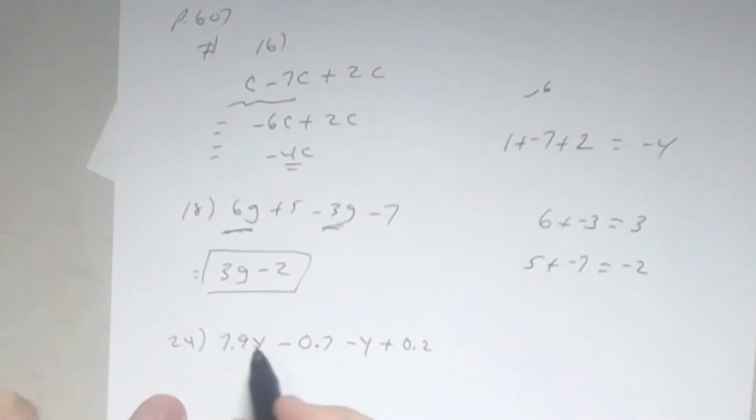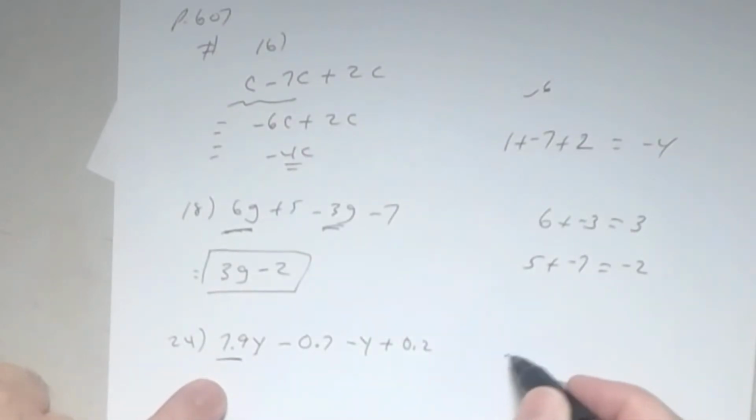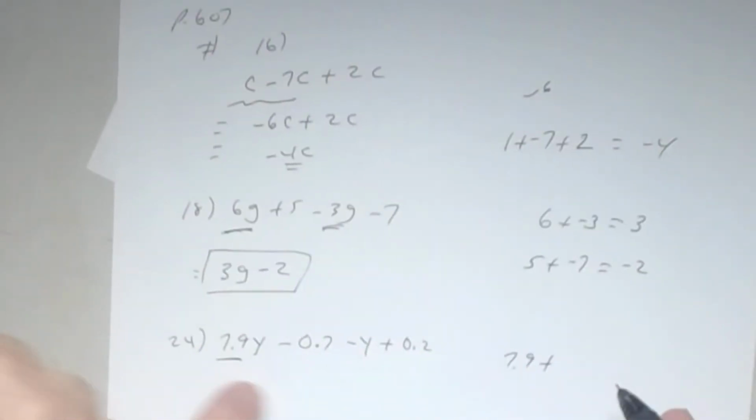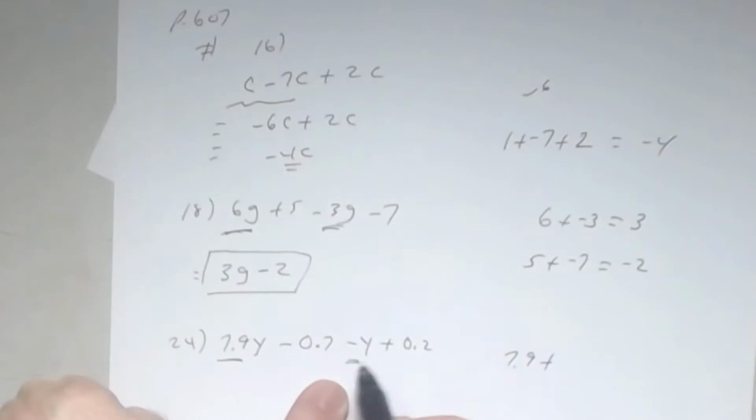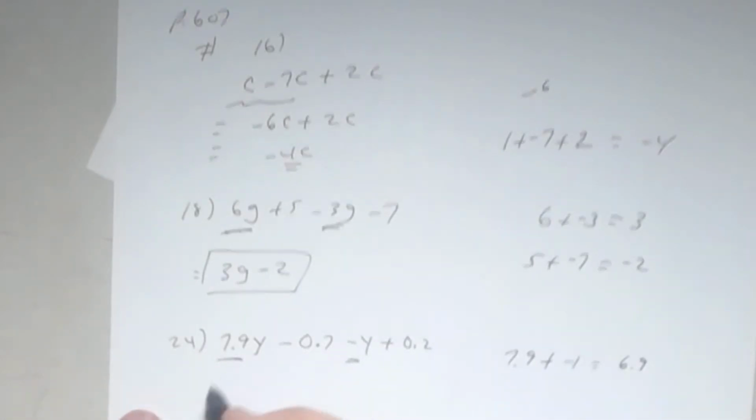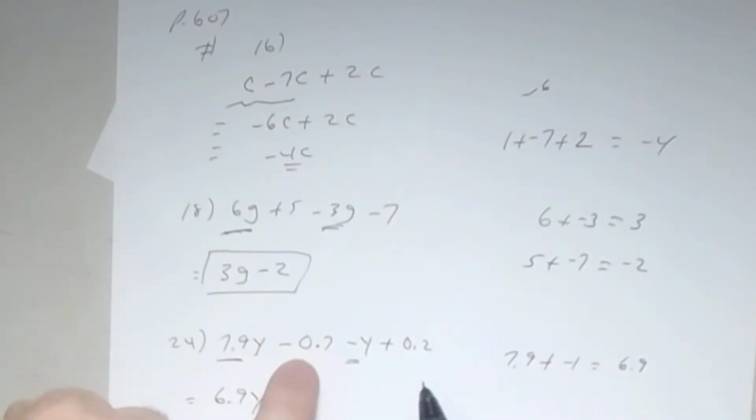So on your calculator, what's this coefficient right here? 7.9 plus, and then what's this coefficient right here? Negative 1. So on your calculator, what's 7.9 plus a negative 1? 6.9. So what does this become? Okay, good. All right, now, let's look at the constants. What's this constant right here that I'm pointing to?